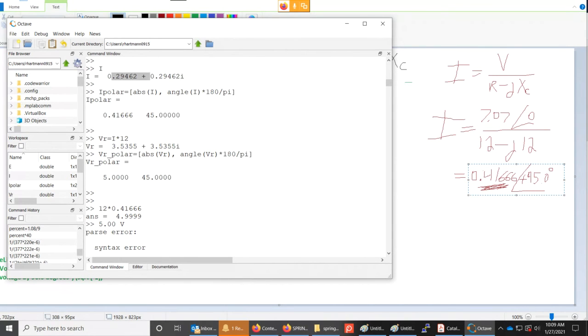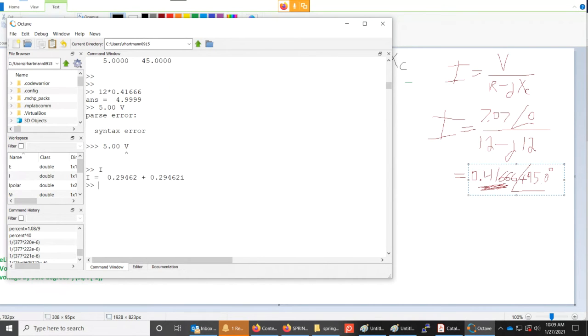If we look at I, you can view it at any time by just typing I, but this isn't the exact value. If you type format long and then view it again, you see that it actually takes it out to like 20 decimal places, maybe more. It stores it in a really long format. I'm going to go back to the short format, but it's actually storing it with all these extra decimal points, so you don't have to worry about round-off.